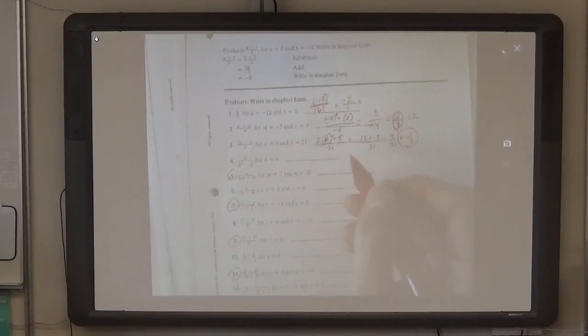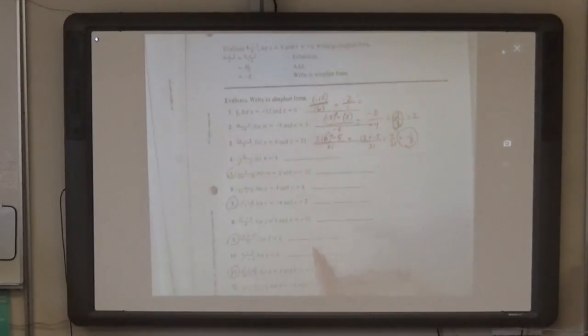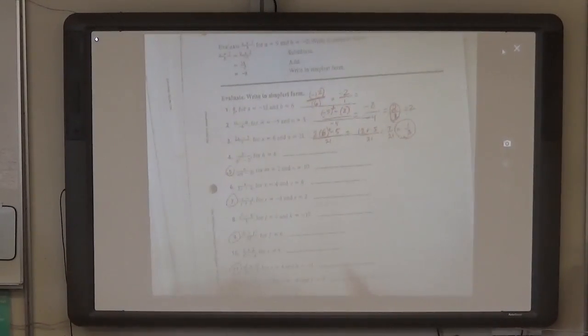Let me do one, let's go to number 11. Number 11 has a bunch of exponents in it. So you've got a squared plus b squared. Here's why you have to put parentheses. Somebody was asking, do you have to put parentheses?